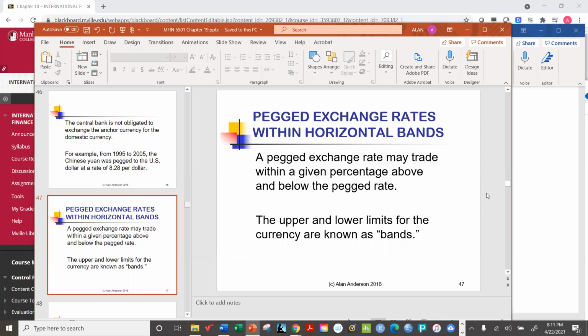And so they decided to have fixed exchange rates, but set up in such a way that they could be adjusted periodically to adjust to market realities. So they set up what's called a pegged exchange rate with horizontal bands, where they allow first the currency to fluctuate up and down within a certain range, and then on top of that, they had the ability to revalue the currency or devalue it as they saw fit.